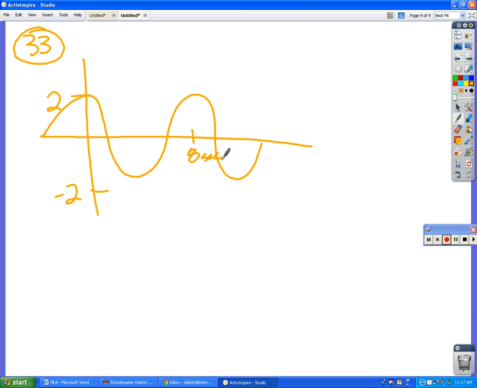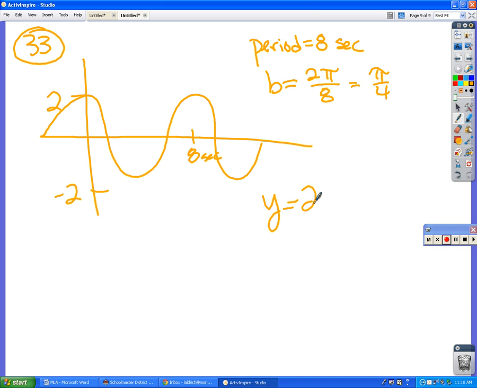Therefore, the period is 8 seconds. Which means that b is equal to 2 pi over the period, which is pi over 4. And so now you are ready to write your cosine function. y equals 2 cosine pi over 4x, or theta, or whatever you do.